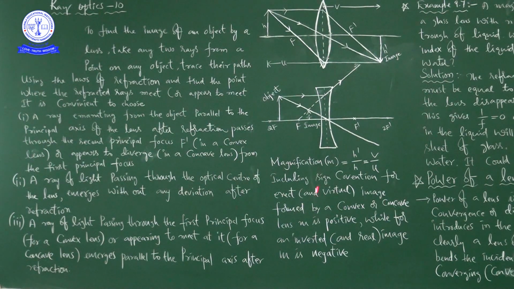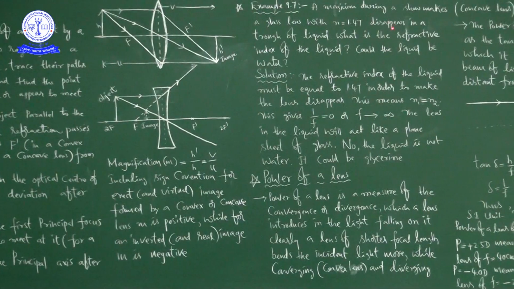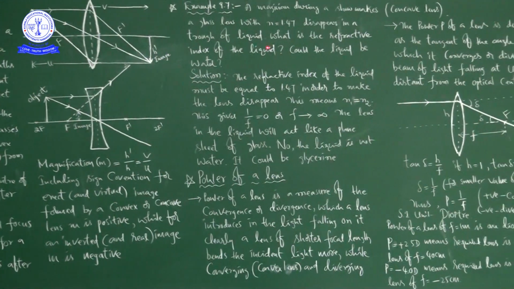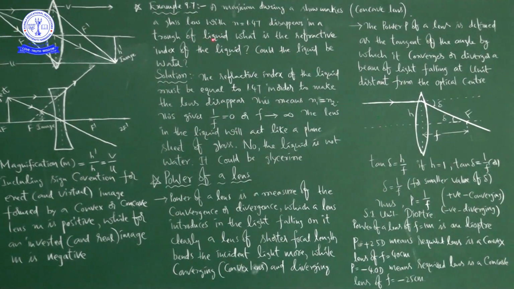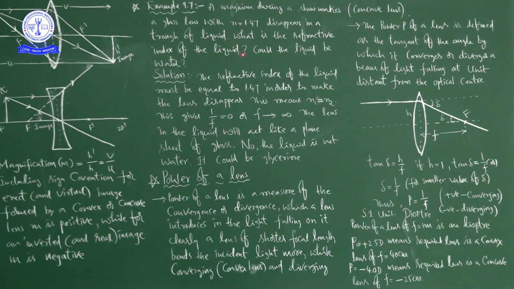Now we are going to see one example problem related to the information we discussed. See example 9.7. A magician during a show makes a glass lens with refractive index 1.47 disappear in a trough of liquid. What is the refractive index of the liquid?